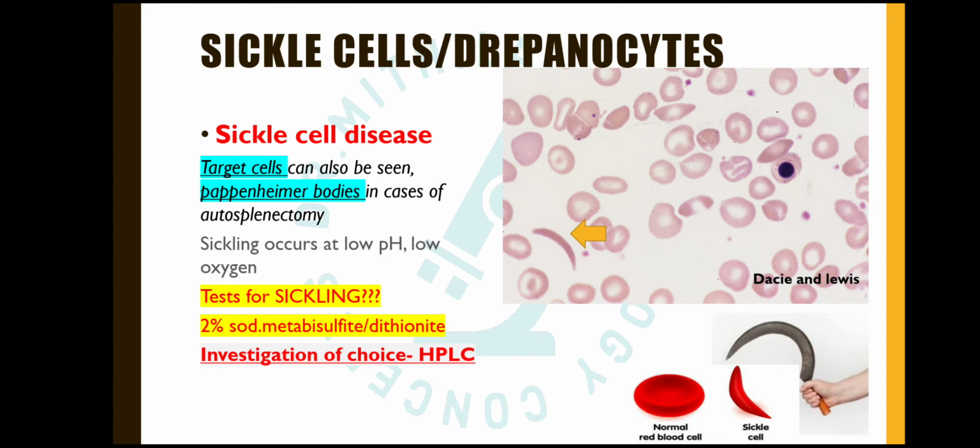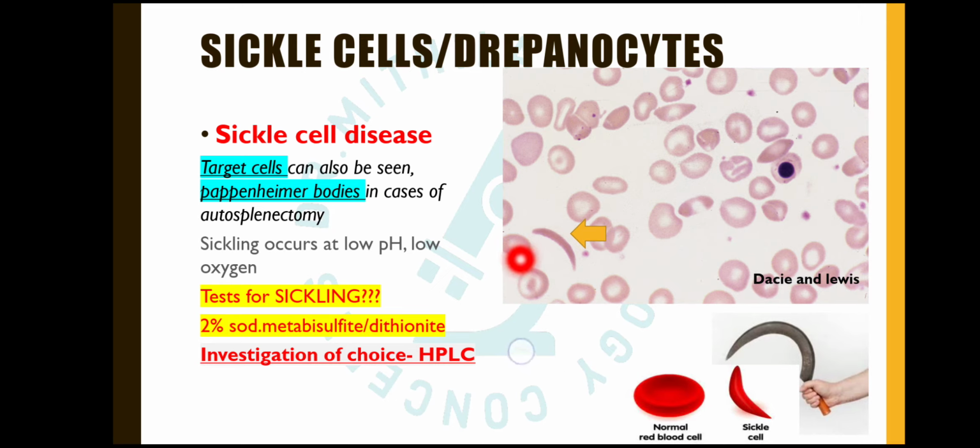Now next we come to the sickle cells or drepanocytes. They are also known as drepanocytes, and sickle cells get their name from the sickle, which is used to cut crops. In sickle cells, there is a mutation of the beta chain, and at the 6th position, in place of glutamic acid, valine comes and HbS is formed.